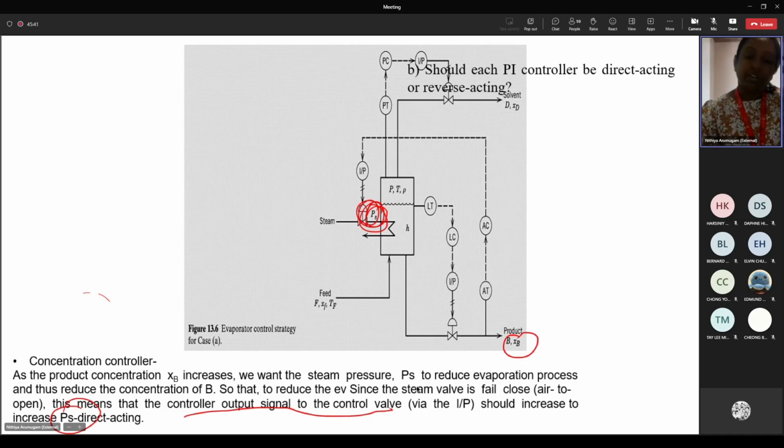Another question, part B: should each PI controller be direct acting or reverse acting? We need to justify that also.